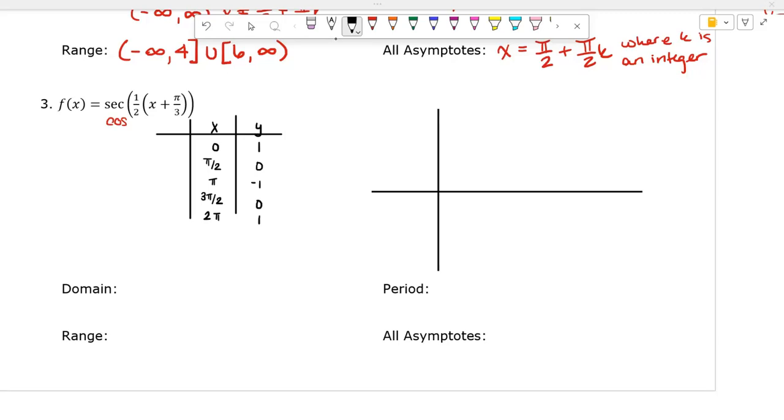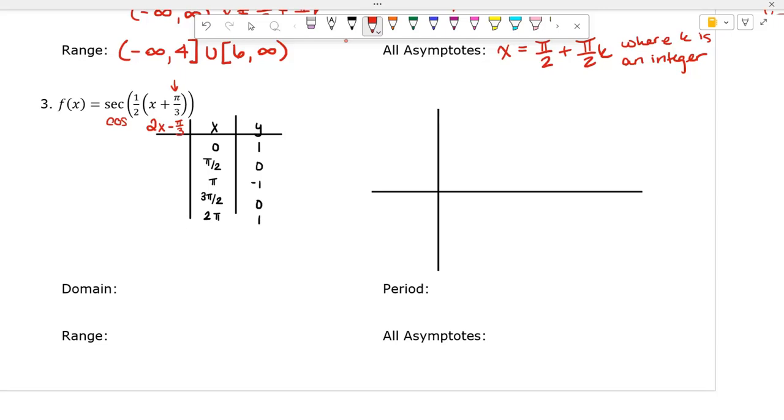I'm going to multiply by 2 times my x values. And then with this pi over 3, instead of adding pi over 3, I'm going to subtract pi over 3. So I'm going to take all of these x values, multiply them by 2, and subtract pi over 3.